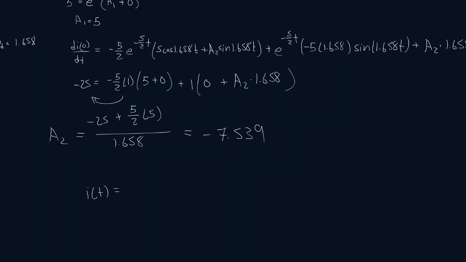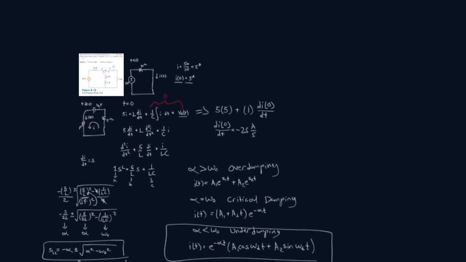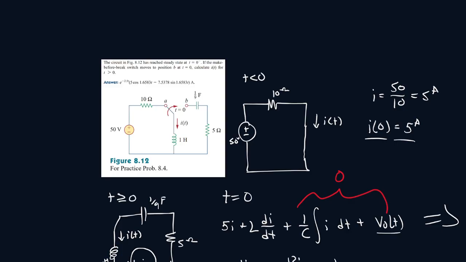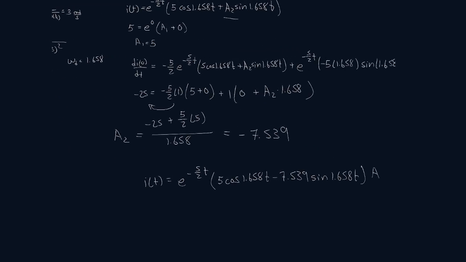So i(t) will be equal to e to the power of minus 5 over 2 t times (5 cos(1.658 t) minus 7.539 sin(1.658 t)), and this is in amps, and this is the formula for the current passing through the inductor. Okay, so that's it.